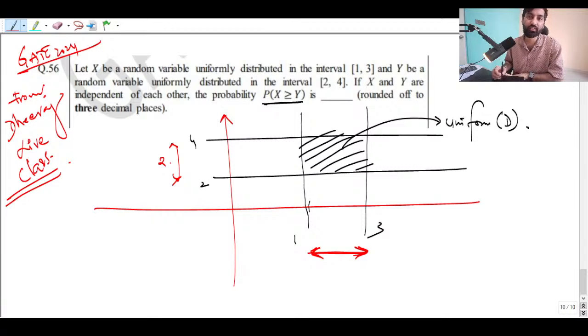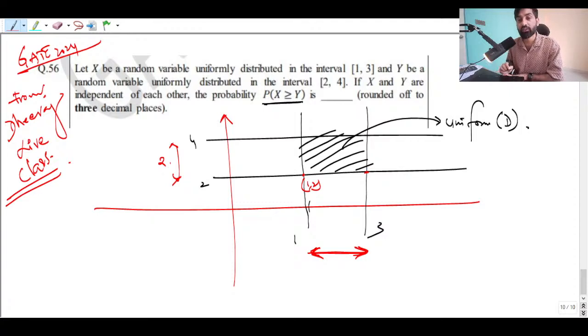And x greater than or equal to y. Probability of x greater than or equal to y means what?